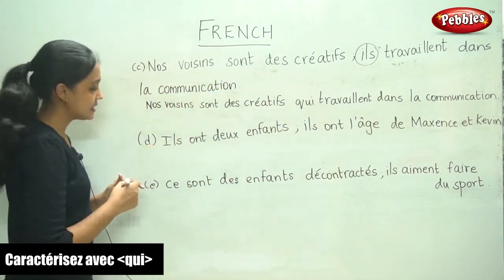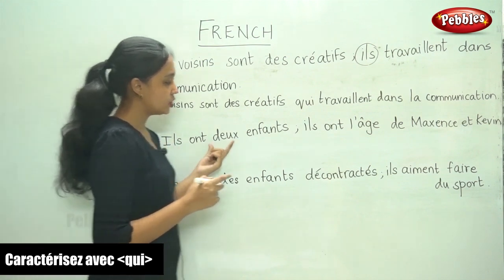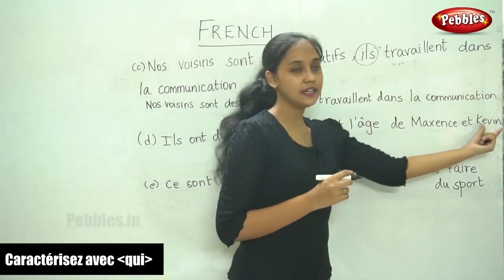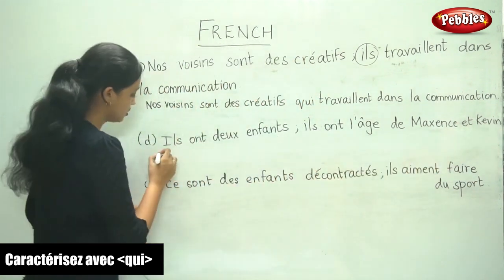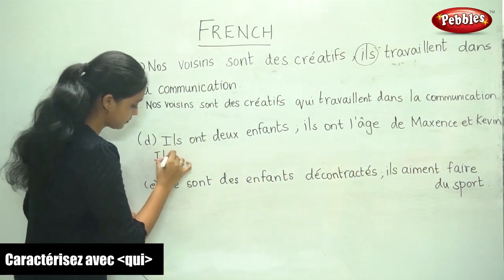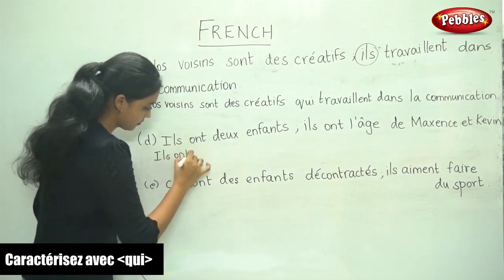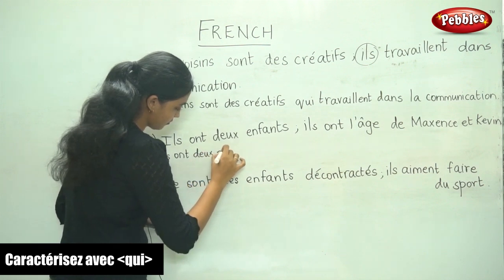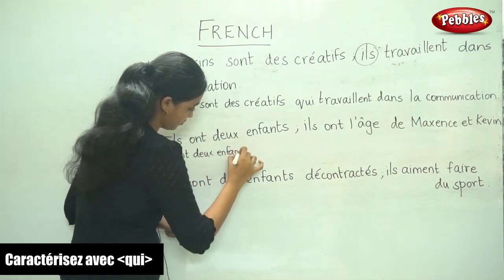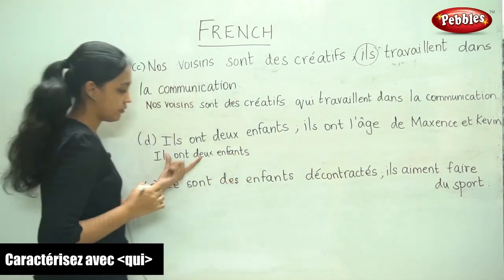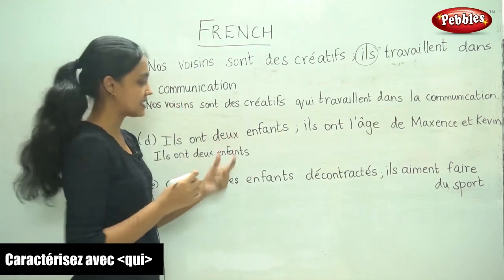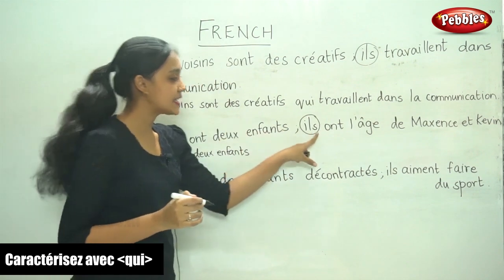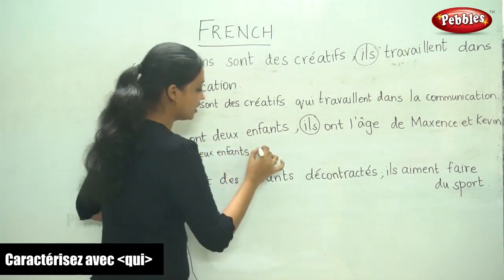Now the next sentence. Ils ont 12 enfants. Ils ont l'âge de Maxence et Kevin. So the first half of the sentence is as such. The subject in the second half is replaced with qui.